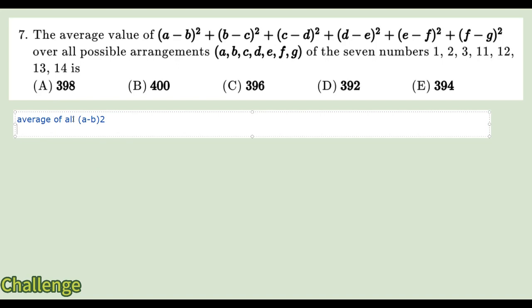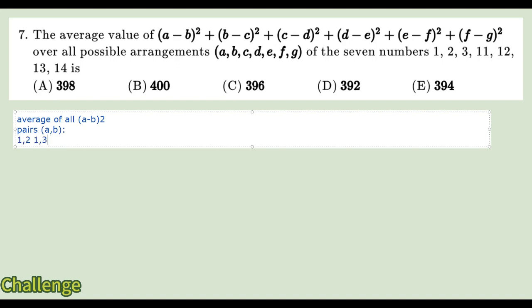what do we do? We do the same thing as before. Okay, so let's assign a. Let's say that we have pairs ab, and then we look at all of the different values for ab. So then we can have 1, 2, 1, 3, 1, 11, and so on.